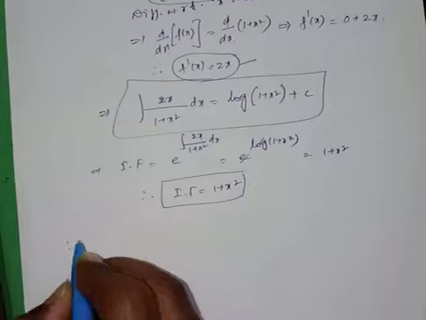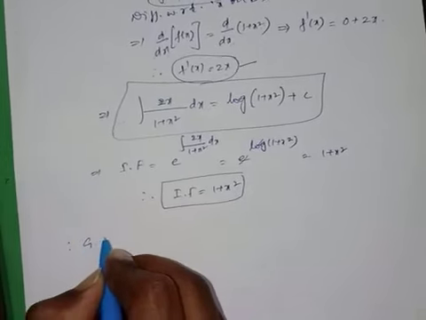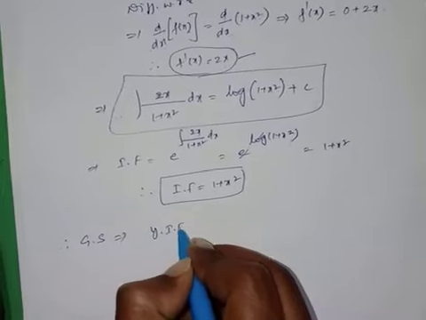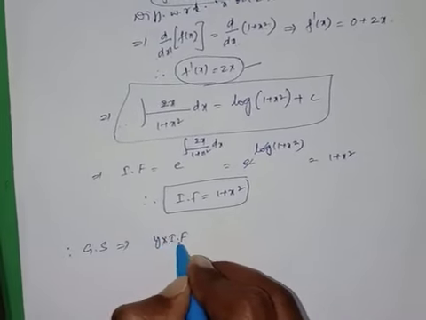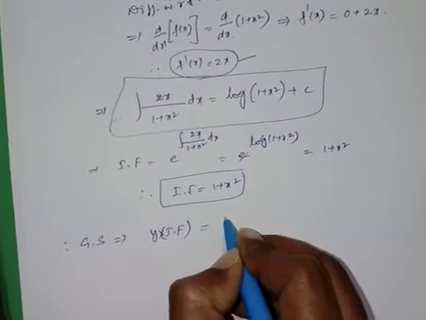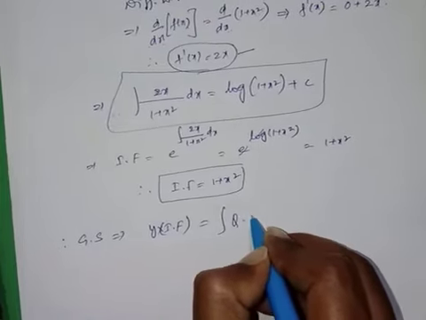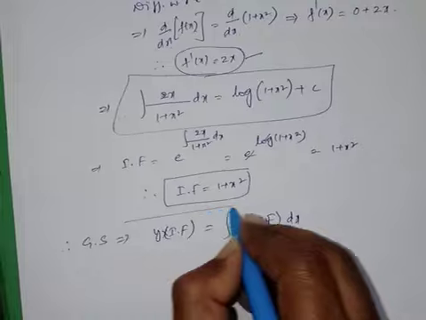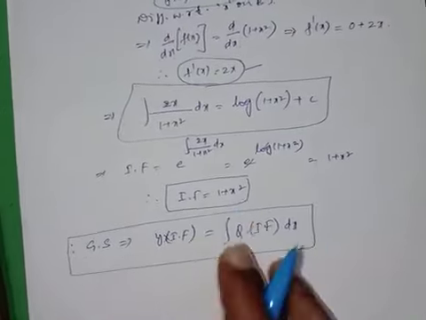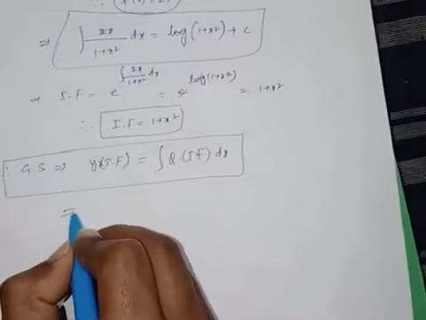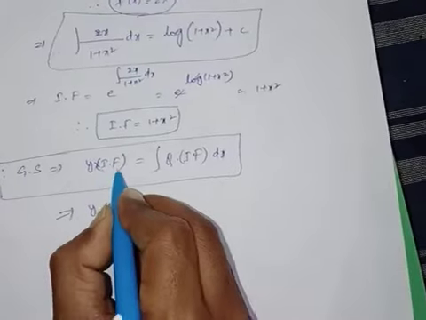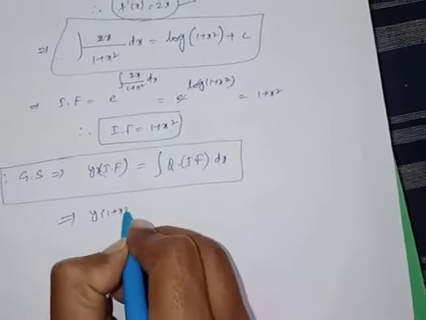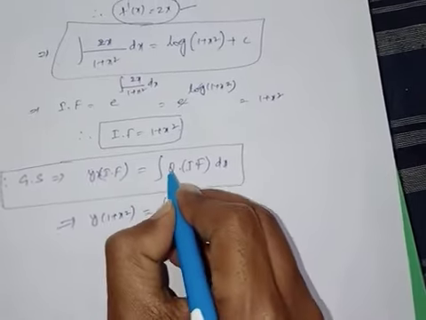Now the general solution is y times the integrating factor equals the integral of Q times the integrating factor dx. This is the general solution of the given question. So y(1 + x²) equals the integral of Q times the integrating factor.